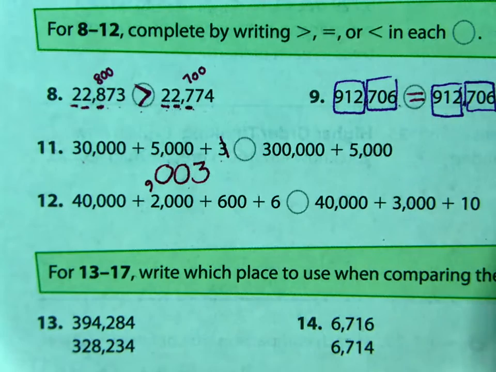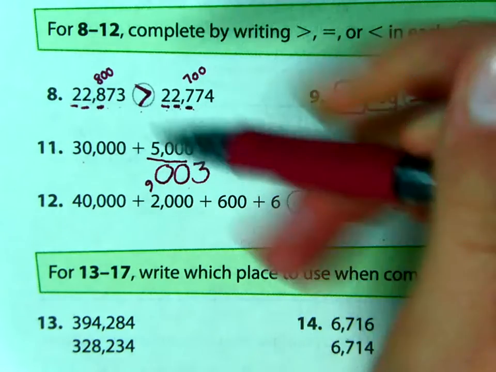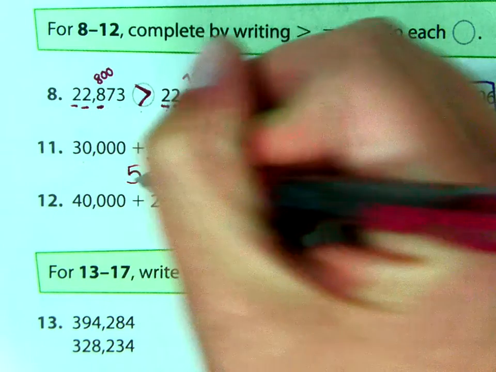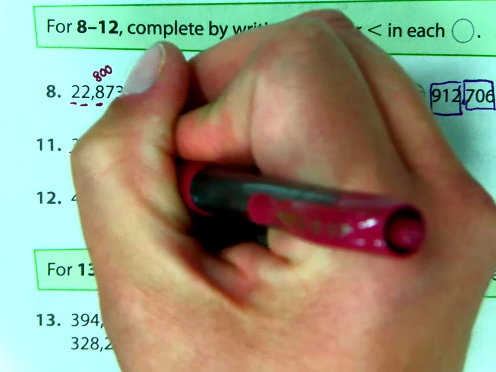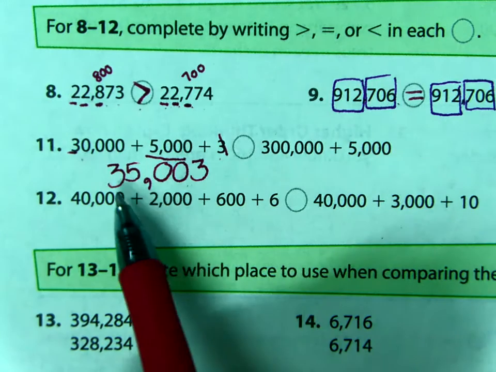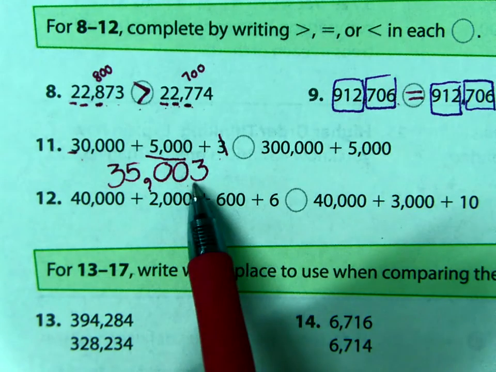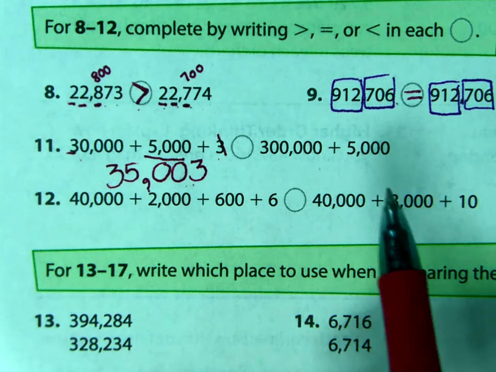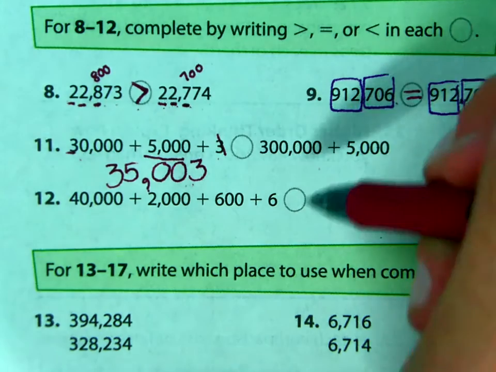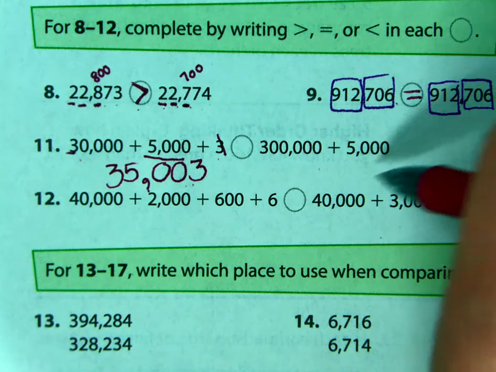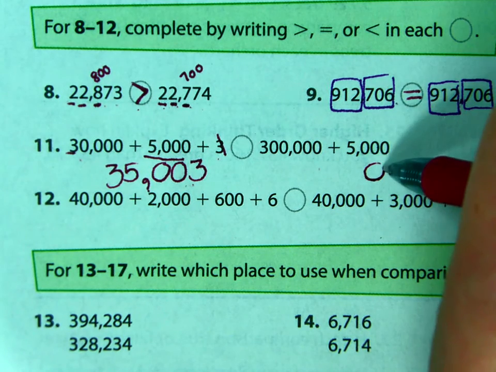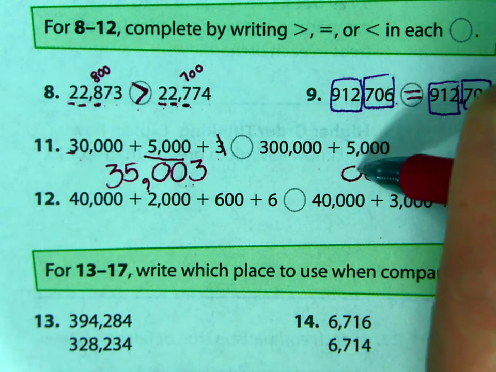My comma. Do I have a number representing the thousands? I do. It's 5,000. So a 5 is going to go here, and then in the 10,000s, I have the digit 3. This number is 35,003, and now we are comparing it to this number. I do not have a number in the ones place represented, so I can fill that in with a 0, or the tens, or the hundreds.